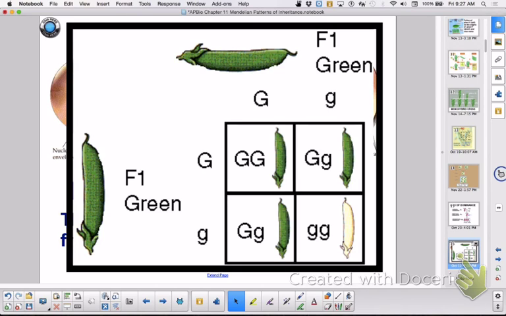In summary, each individual has two factors, which we now call alleles, for each trait. The factors segregate. What's another word for segregate? Separate during the formation of gametes. Do you remember, what did we say during meiosis? What can we call those cells when we're done with meiosis 1?